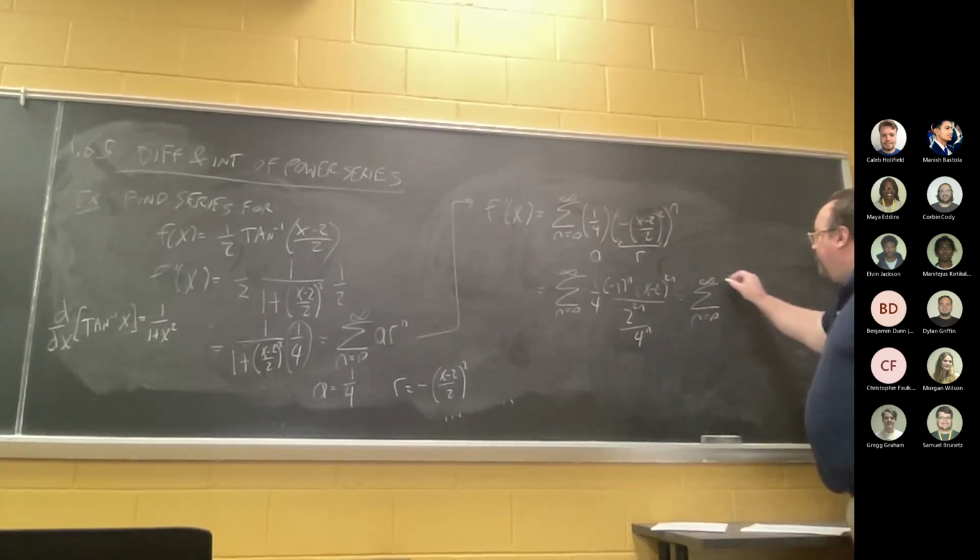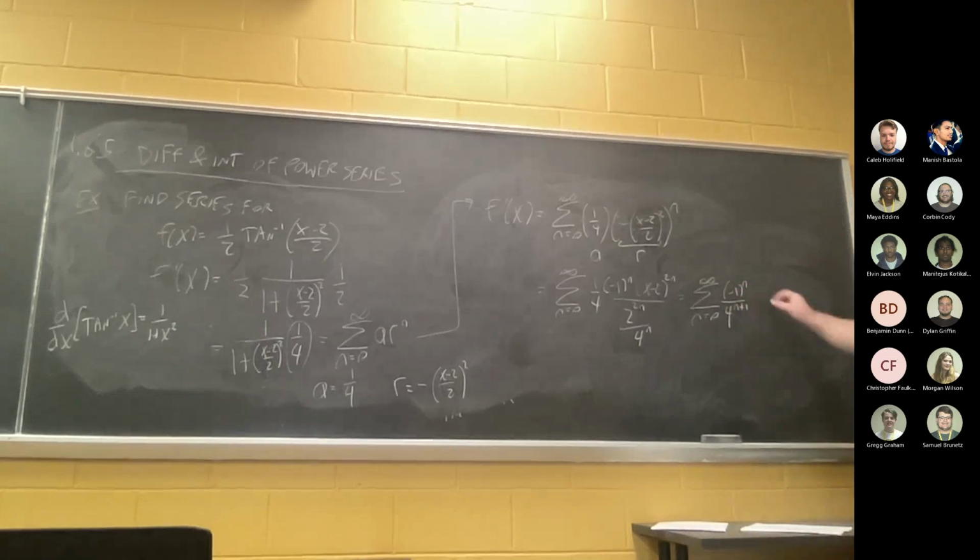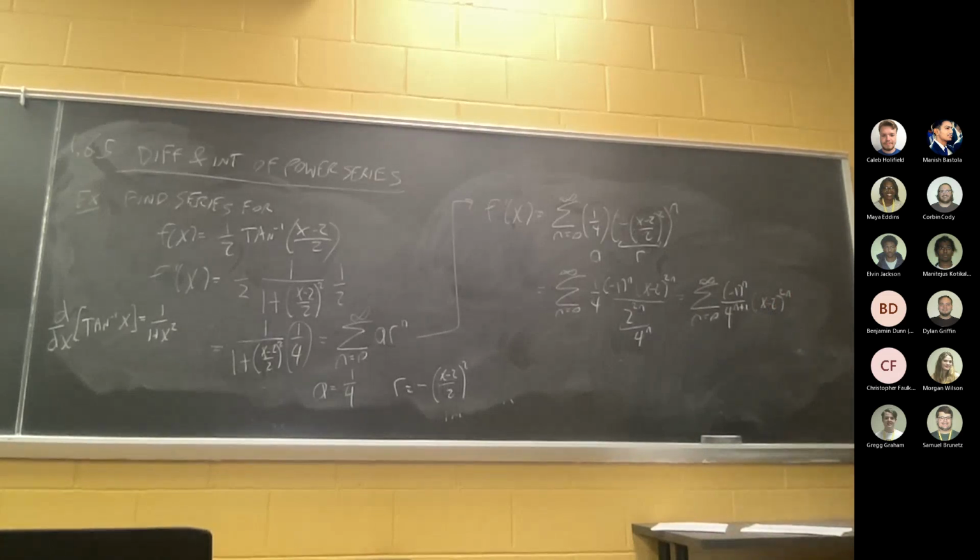So I can write this as minus 1 to the n, 4 to the n plus 1. And then I have x minus 2 to the 2n. We only have even powers. Questions so far?